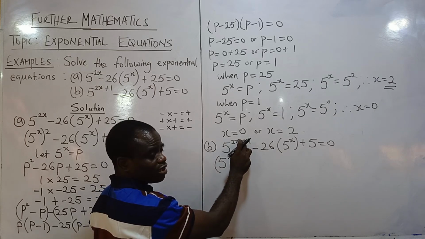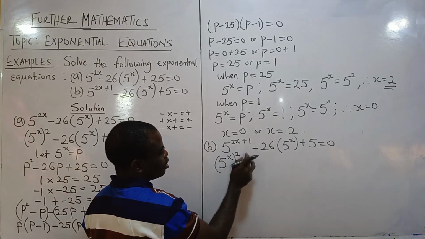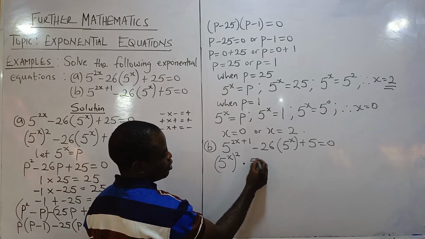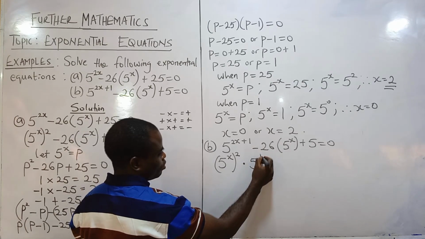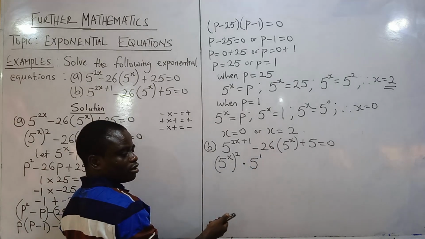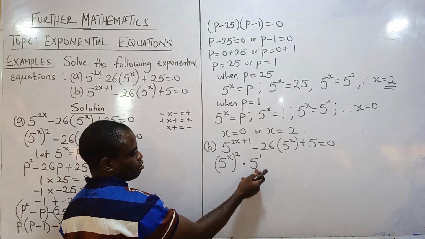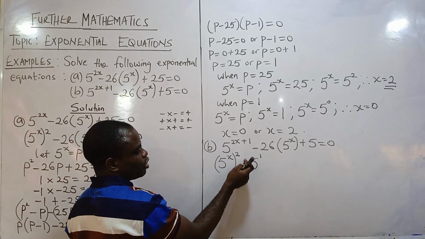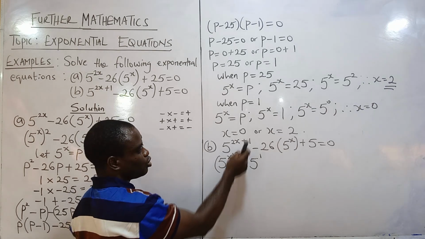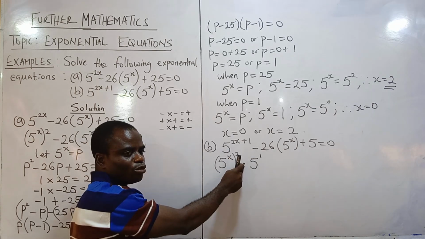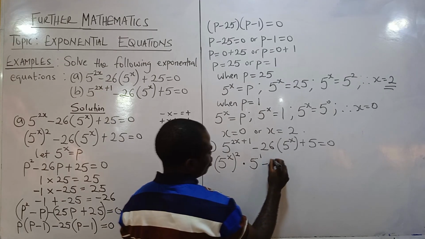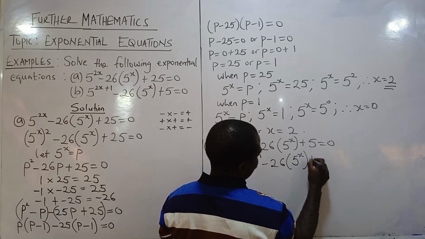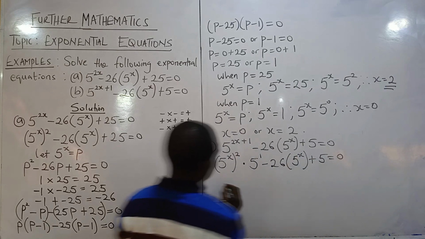Now this positive 1 in indices, when you want to express it in the form of 5, it will be 5 raised by 1. In indices multiplication, when they are being multiplied together, but when you are raising to a power, you pick one of the 5s but turn the multiplication to positive. This does stand for multiplication. Minus 26 times 5 raised by x plus 5 equals 0.